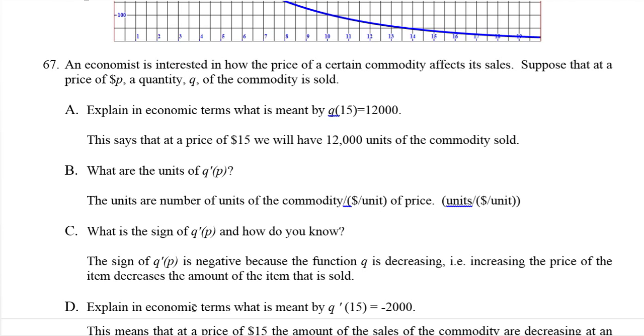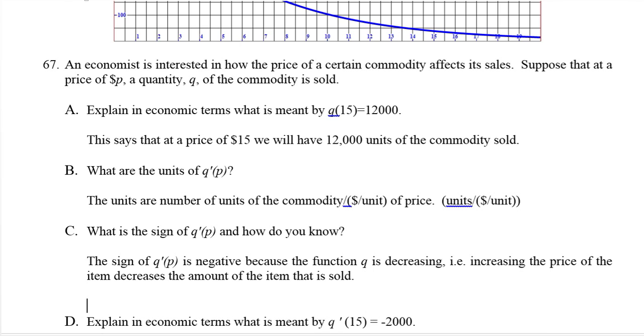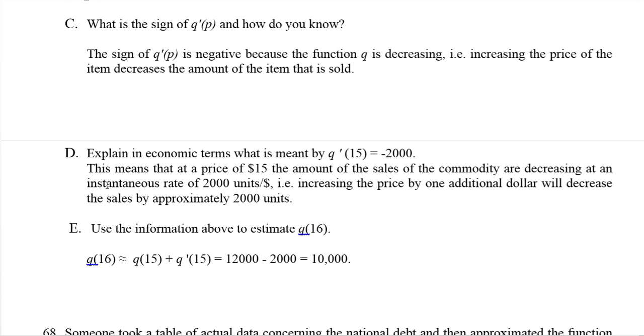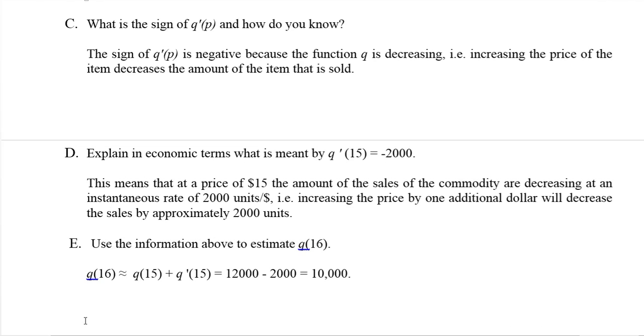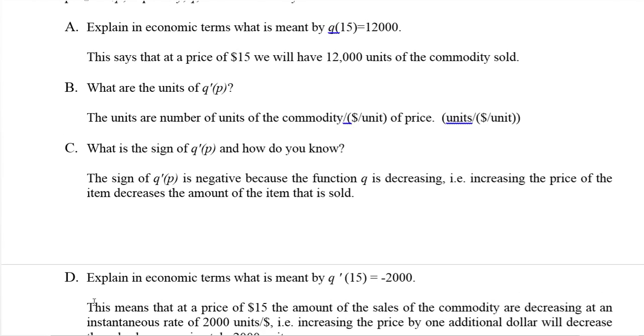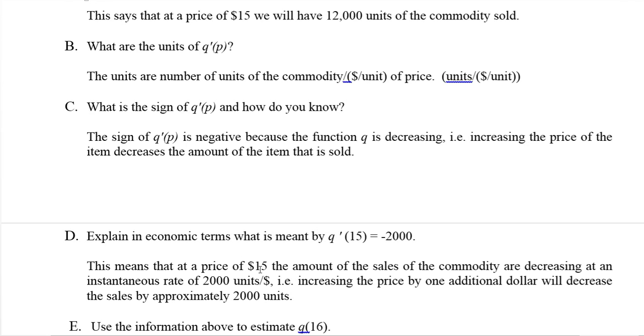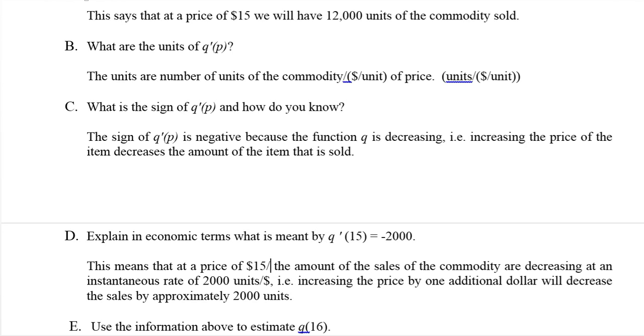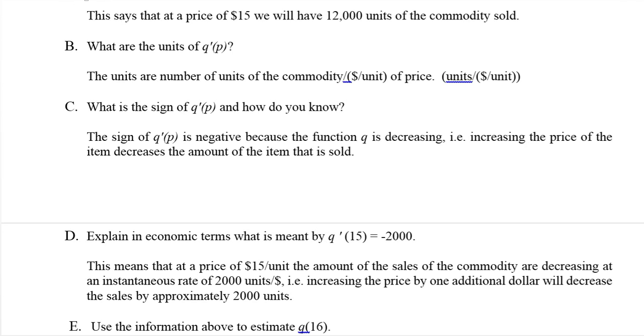We just explained why it should be negative. And what we see here is this means that at a price of $15 per item, per unit, the amount of sales is decreasing at an instantaneous rate of 2,000 units per dollar per unit.